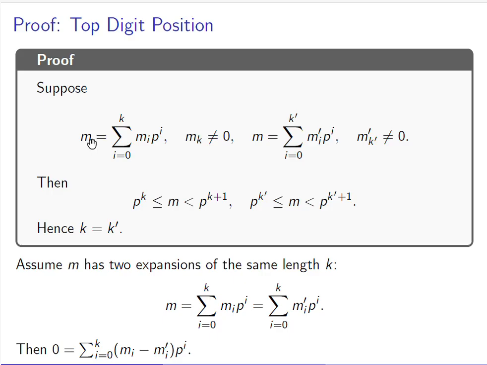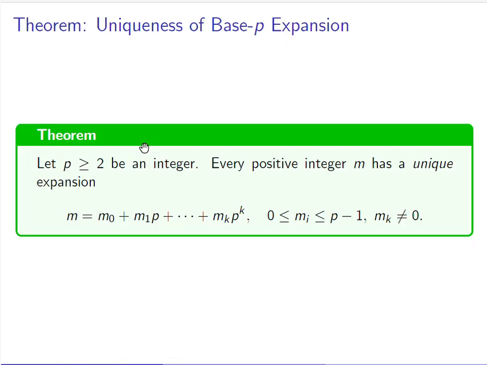Okay, so since this is m, and this is m, they are equal. So these two things are equal, but they are two different expansions of m base p. So now what do we do? Well, we know that mi is less than or equal to p minus 1, by definition.